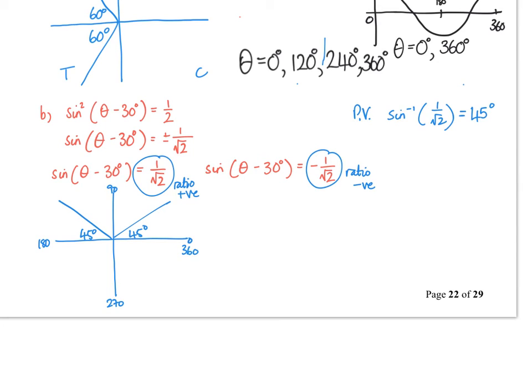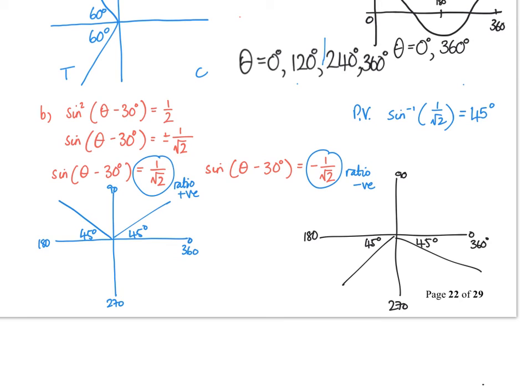And then if we look at the negative one, the angle that we've got there is in the third and fourth quadrant, so 45 degrees and 45 degrees, going from 0, 90, 180, 270 and 360.